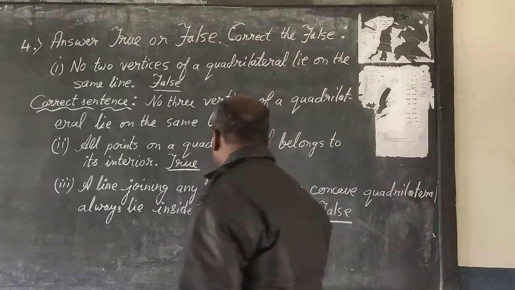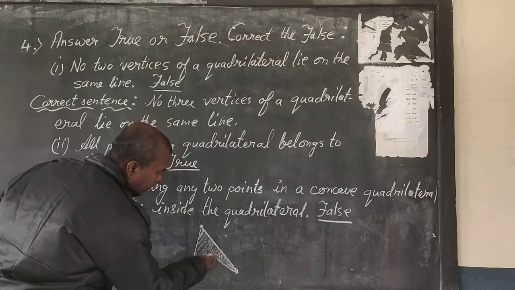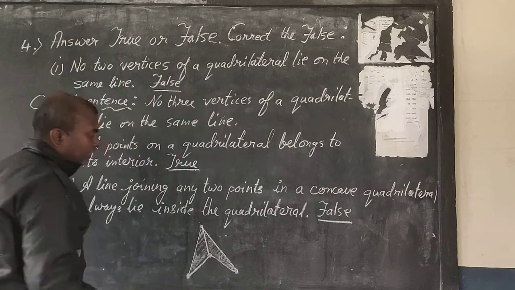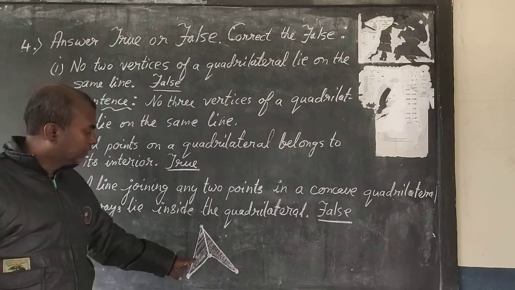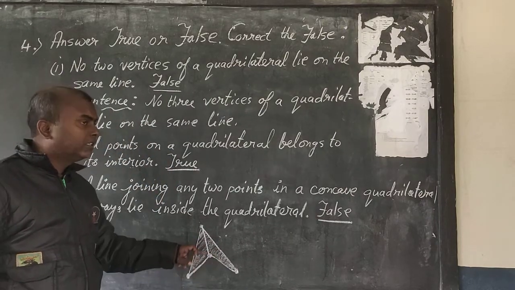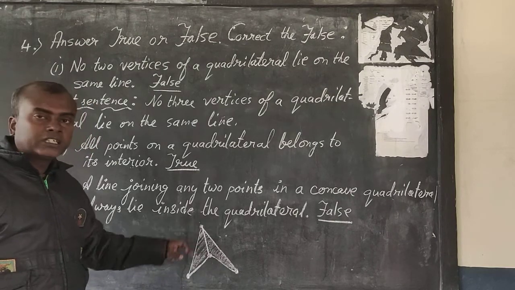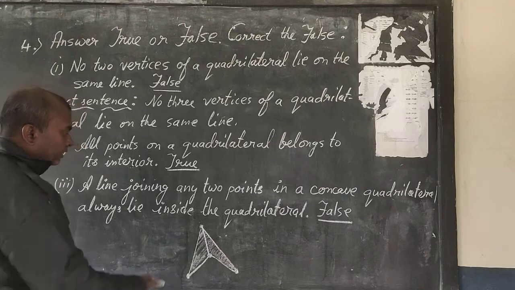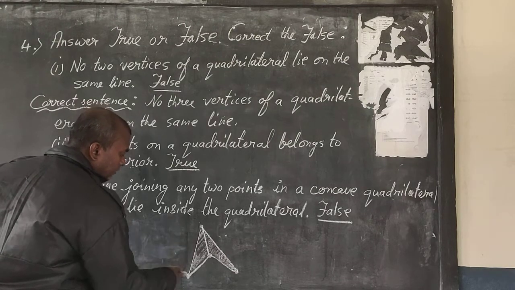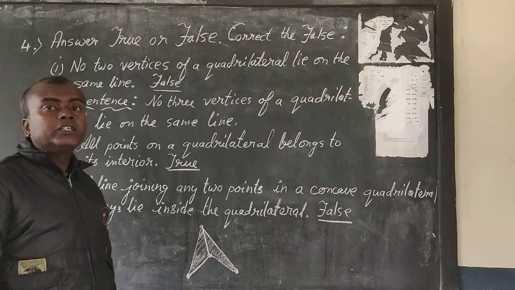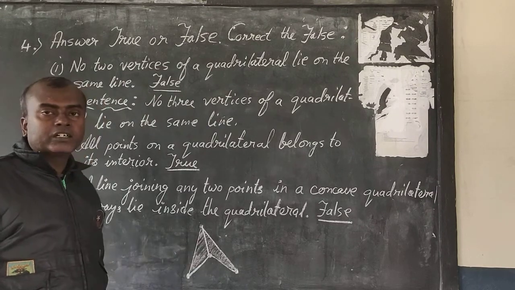Let us see. You can see over here, this point and this point. If I join it with a line, this line, it is inside. This space that I have drawn over here is inside the quadrilateral. But the other points, if I join this point and this point, then it is on the boundary. It is not inside the quadrilateral.